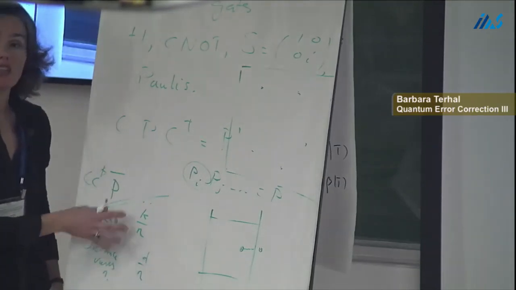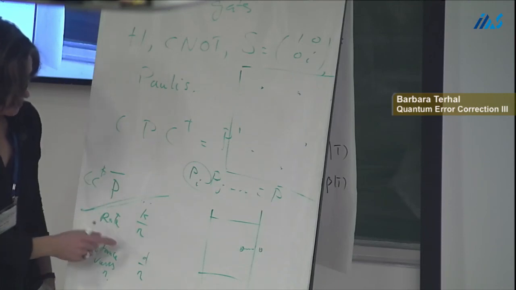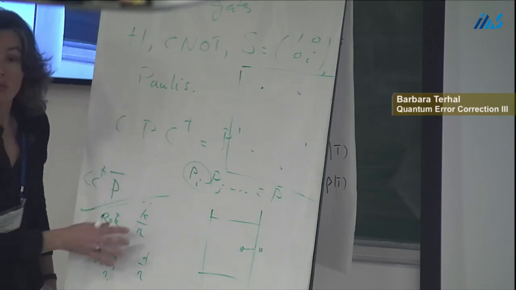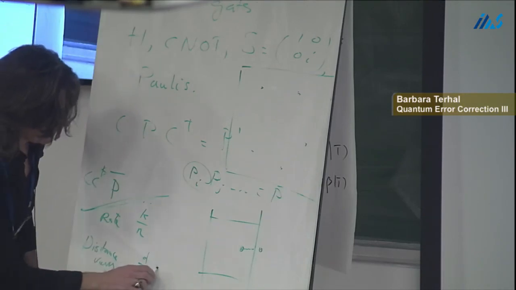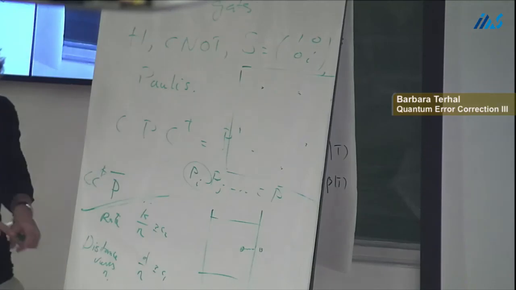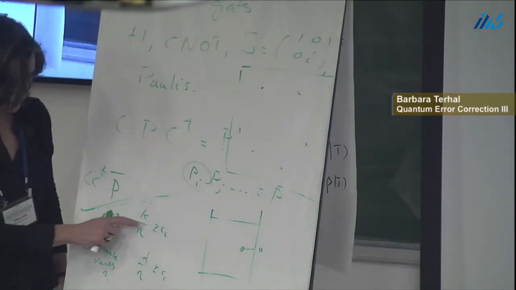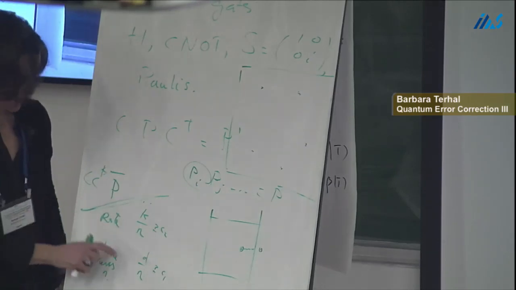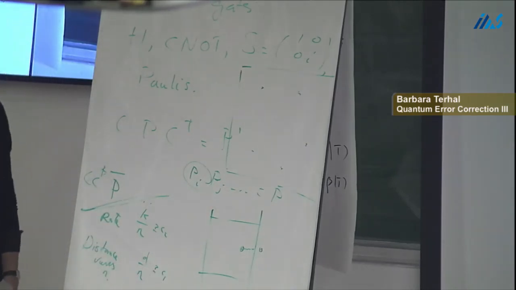So you have a general code that encodes k qubits into n, with distance d, and you would like both these parameters to be lower bounded by some constant. So the rate would be constant, and the distance versus block size would also be constant.